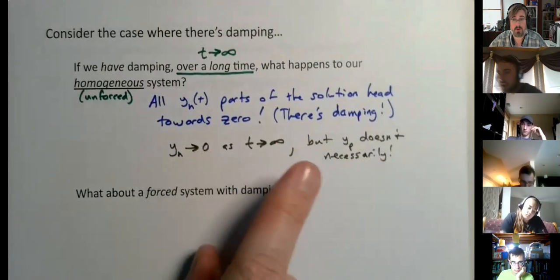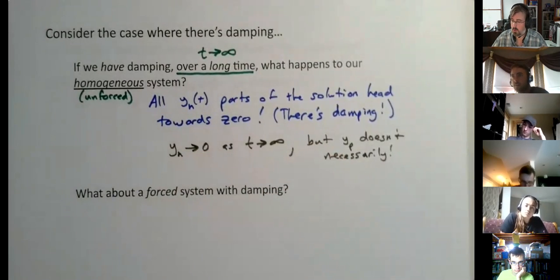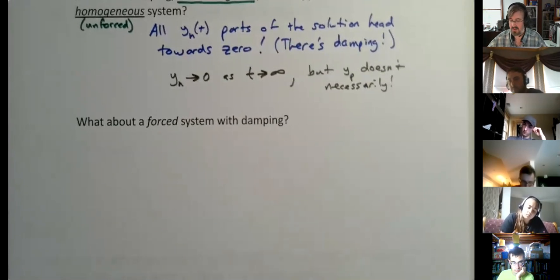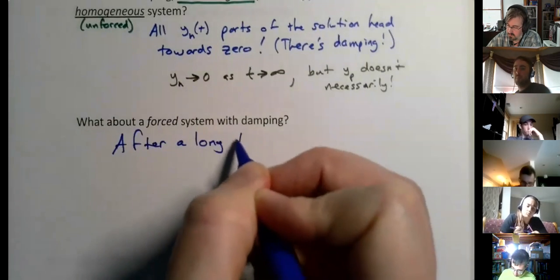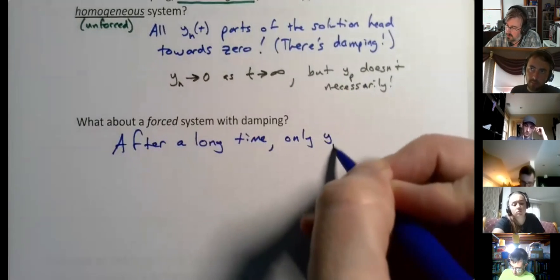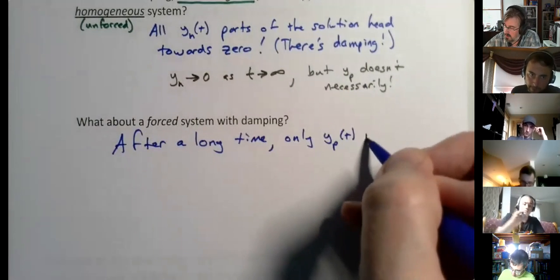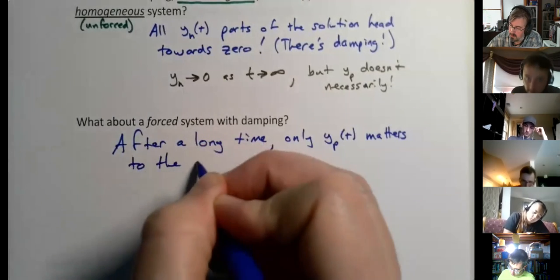But the poking part, that's the particular part, is going to kind of kick in. So what about the forced system with damping? Well, after a long time, we can say that only the particular part of the solution matters to the overall solution.